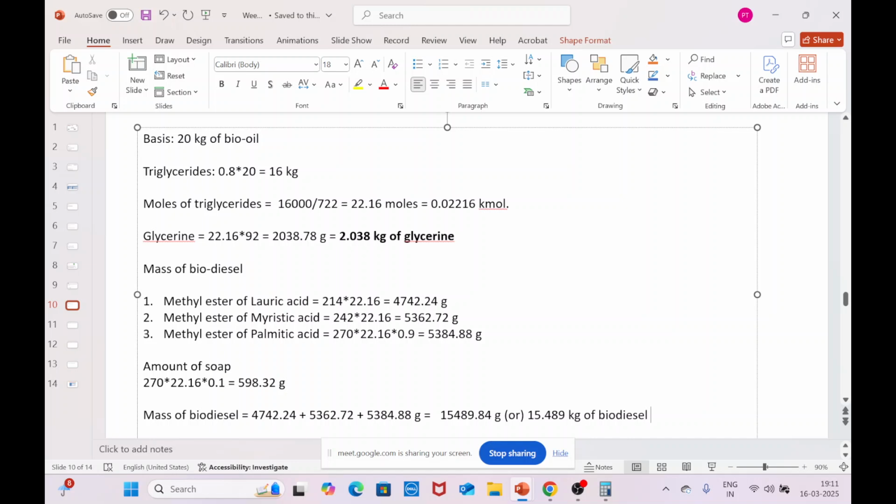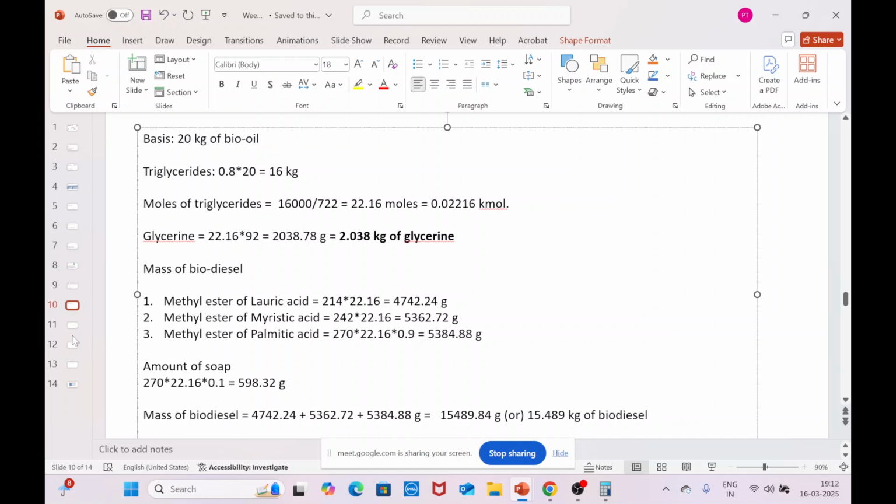So this is the calculation for the mass of the biodiesel. So if you see this triglyceride basis, by taking 20 kg of bio oil as a basis, we are able to get the mass of biodiesel as 15.489 kgs.